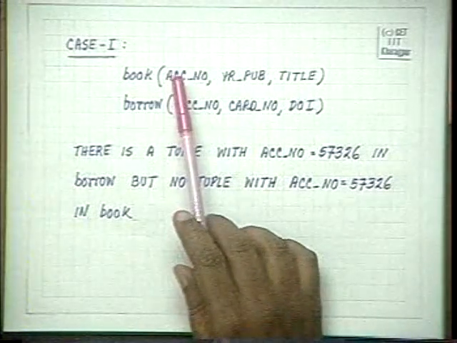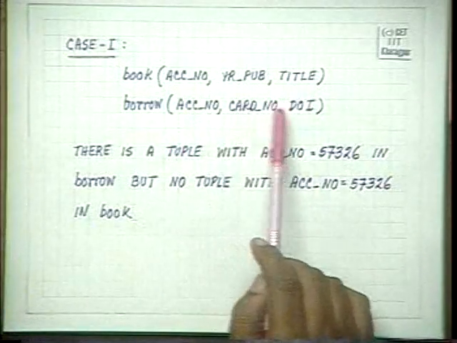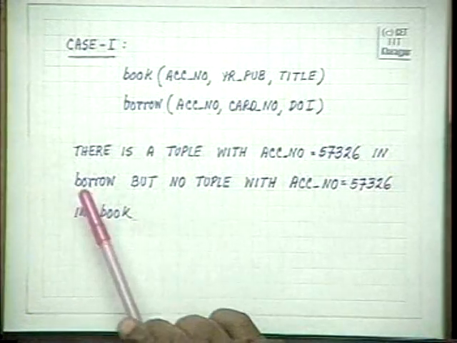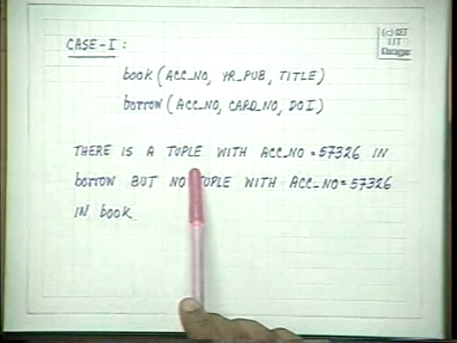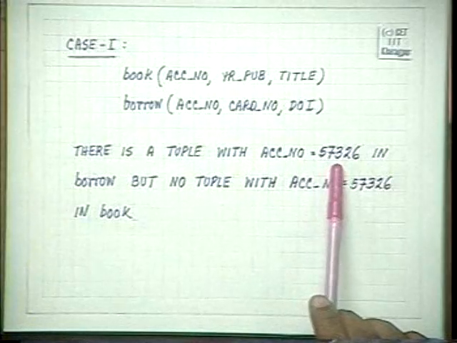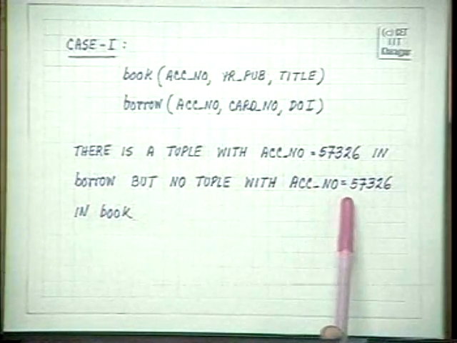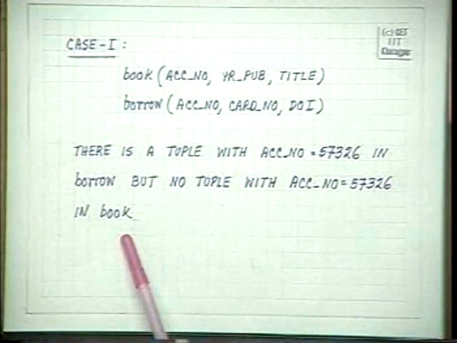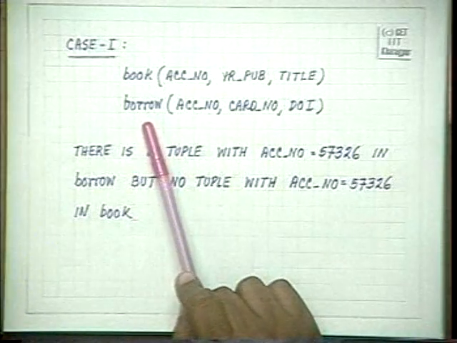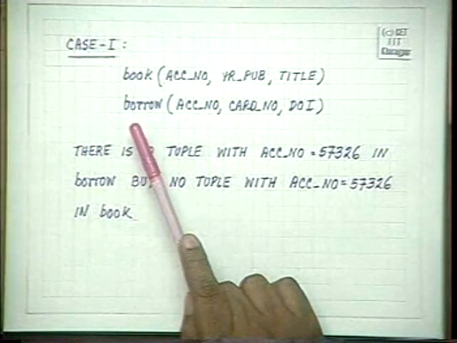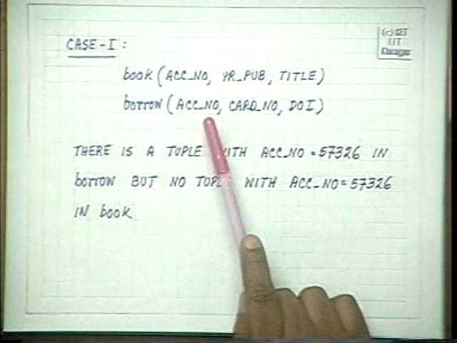Somehow we may be knowing that this is the primary key here and this is the primary key attribute here. That is fine. But let us look at this situation. There is a tuple with accession number 57326 in borrow, but there is no tuple with accession number 57326 in book. Now, borrow is a relation which is known to be those books which are issued by people having these card numbers.